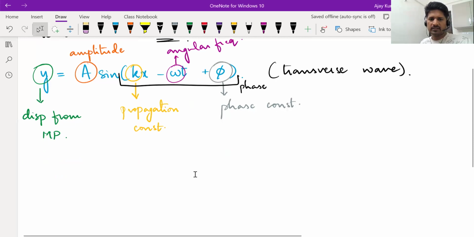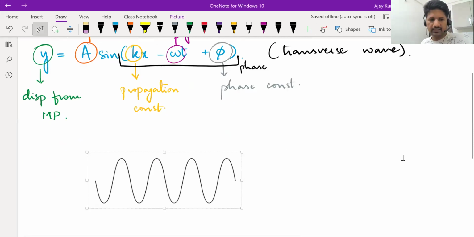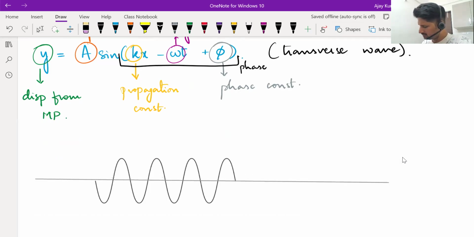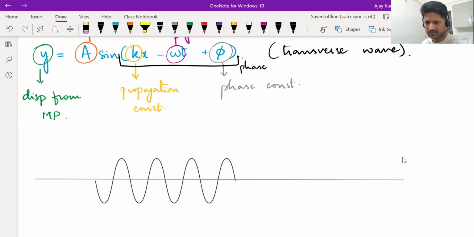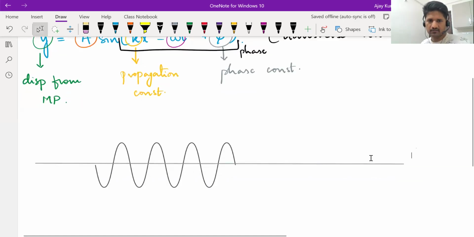So imagine there's a transverse wave like this propagating along the x-axis. At a particular instant, let's say you take a photograph of the string. Assume it's a wave on a string. You take a photograph of it, it looks like this.